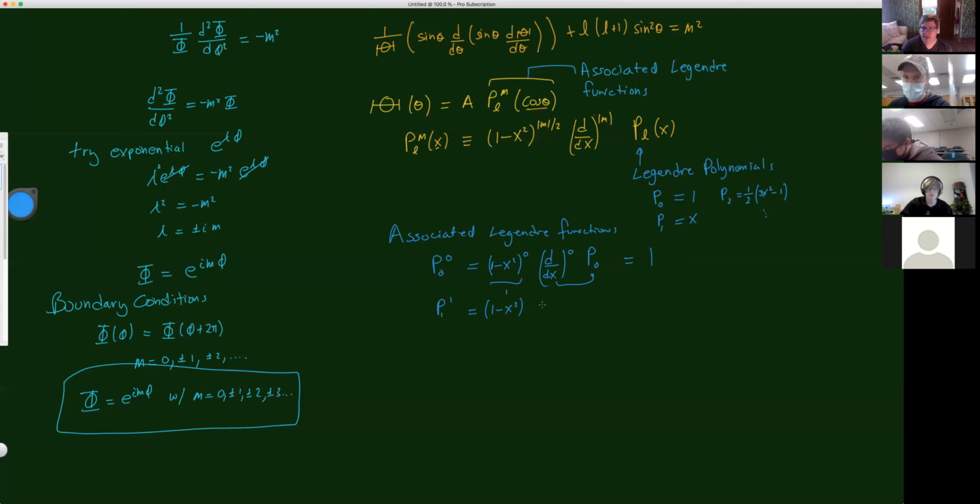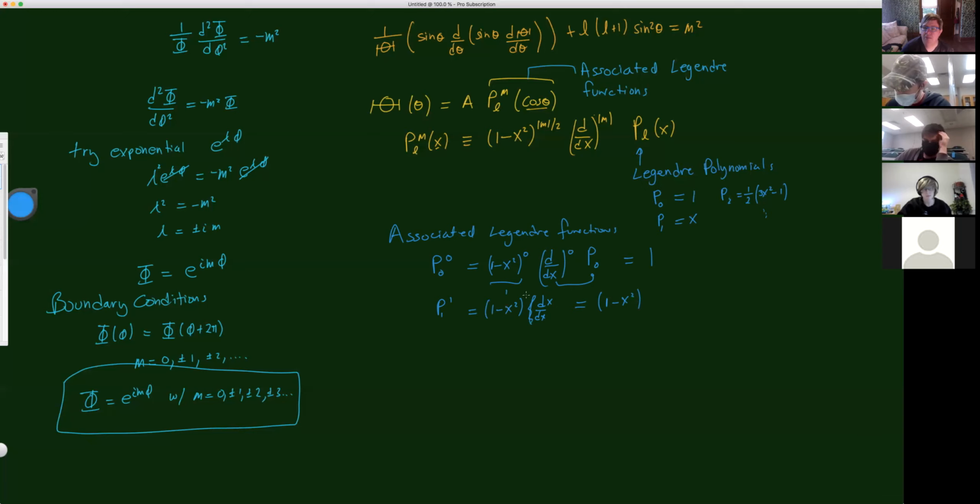And then the first derivative in x, so I don't even need the 1 on there. Of x. Because it's the first derivative here, and this is P1.